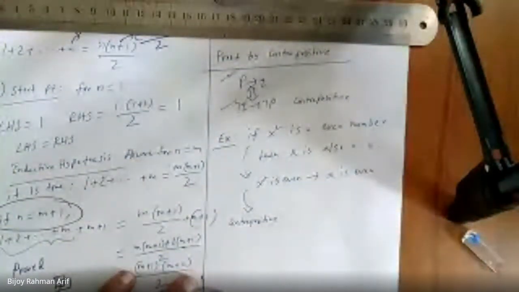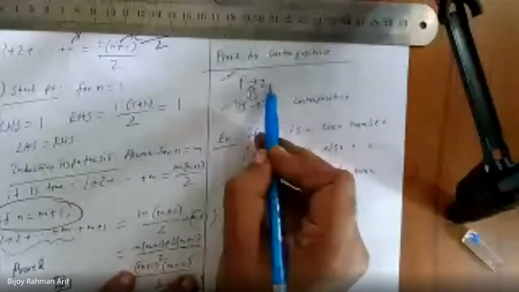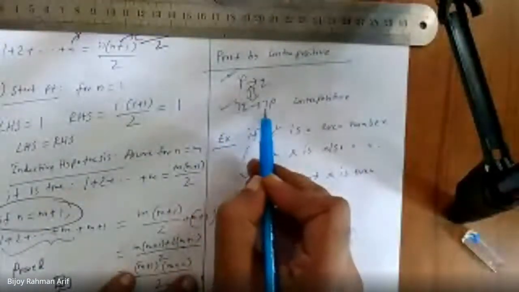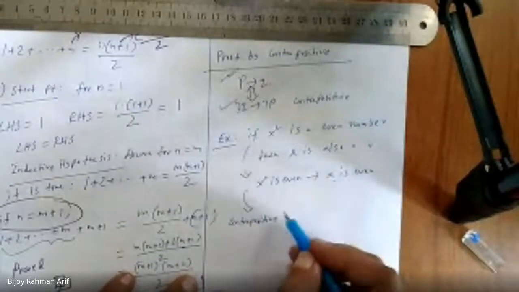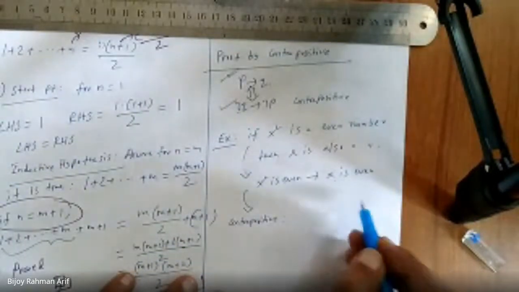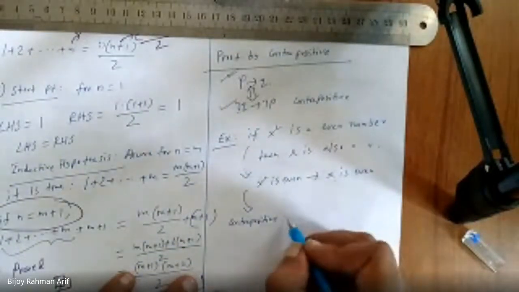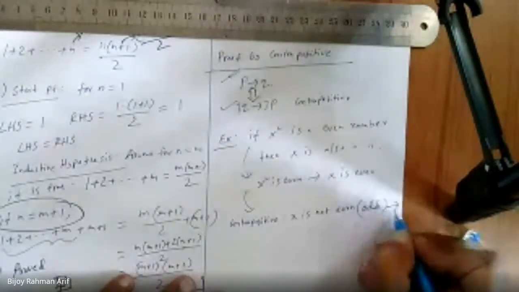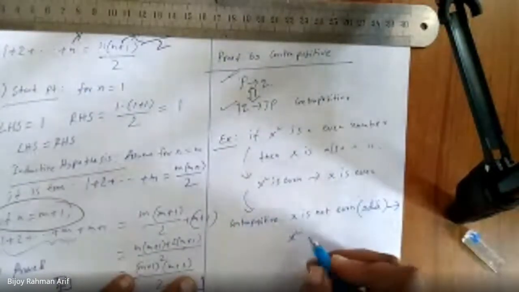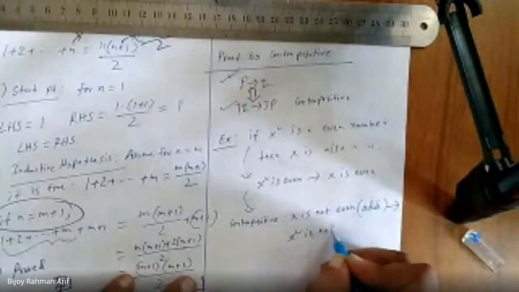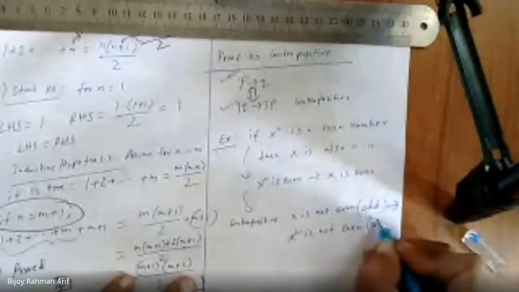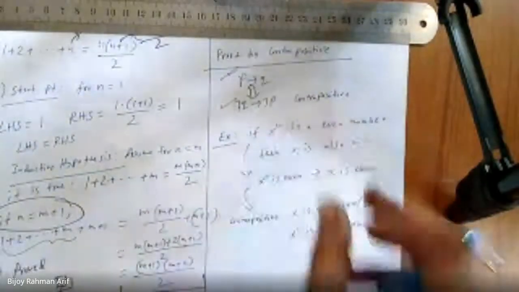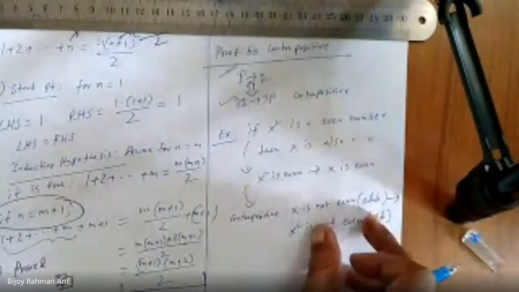P implies Q, so the contrapositive is not Q implies not P. So not (x is even) implies not (x squared is even). So x is odd implies x squared is odd. Do you agree or not? So instead of proving this, we are trying to prove this.